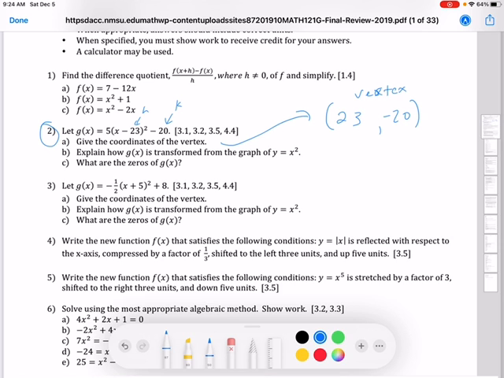Explain how the graph is transformed from the original. So the H is a horizontal transformation, a horizontal shift. So moved 23 units right, 20 units down, and then stretch of 5.